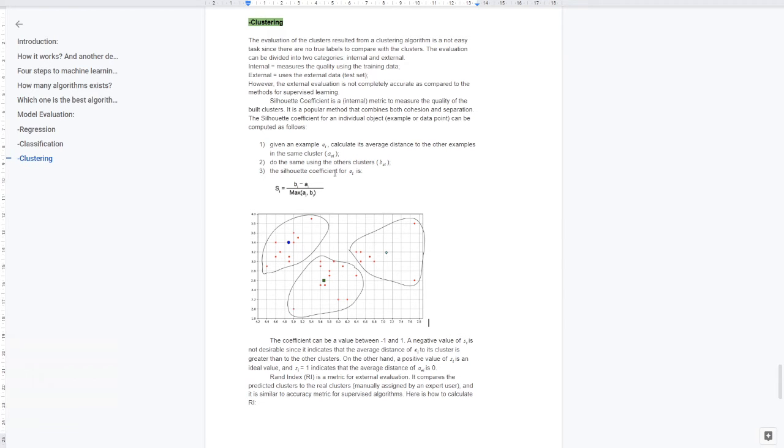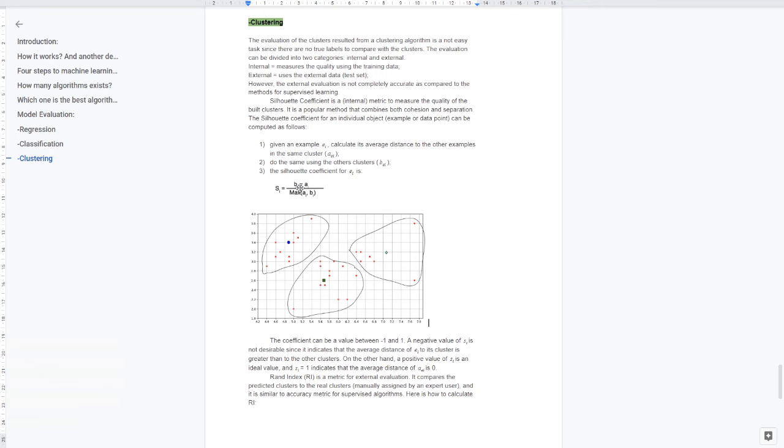Third, the silhouette coefficient for this point: B represents the distance of this point from the other cluster, as shown in step two, and A the average of these measures.